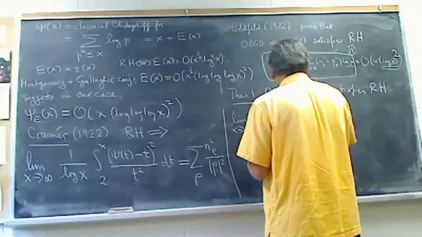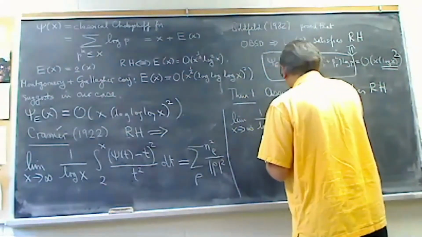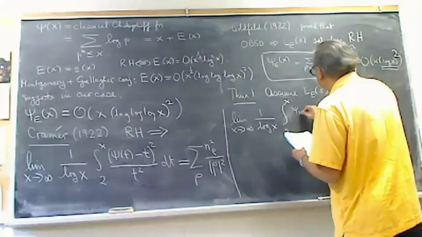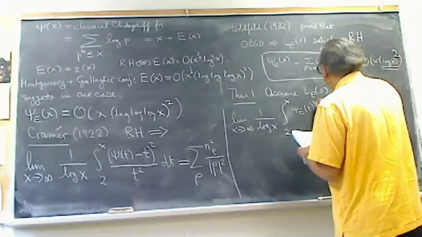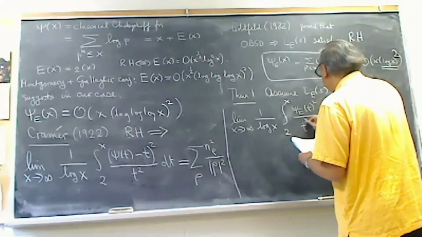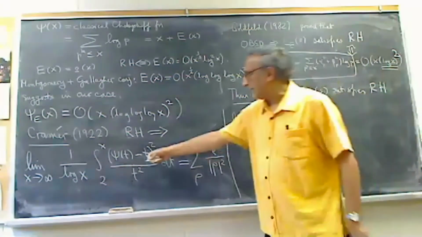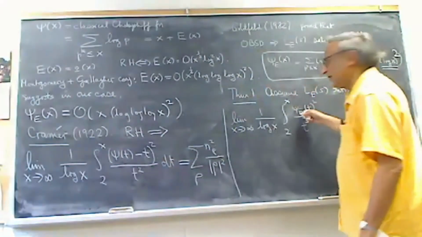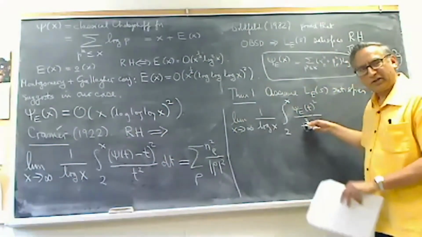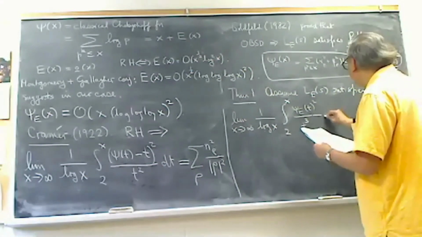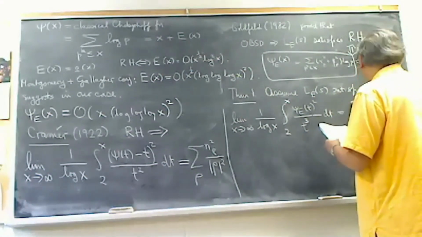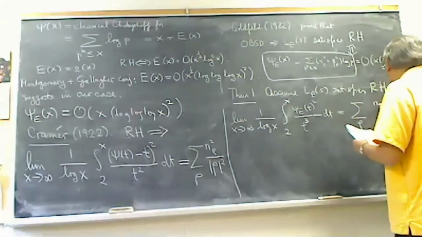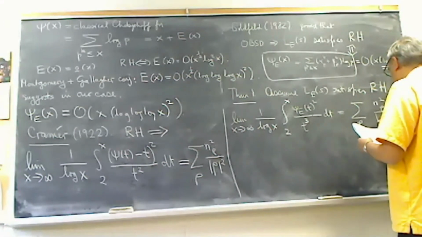Oops, not summation, integral to x of psi e of t squared over t cubed. There's a small adjustment because the line of symmetry here is 1/2, and the line of symmetry here is 1, so there's an adjustment. Don't worry about this silly t cubed here, but this turns out to be exactly the sum of rho, n sub rho squared over mod rho squared.